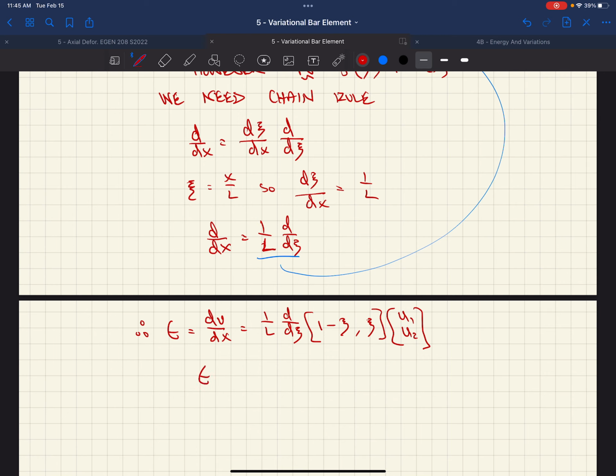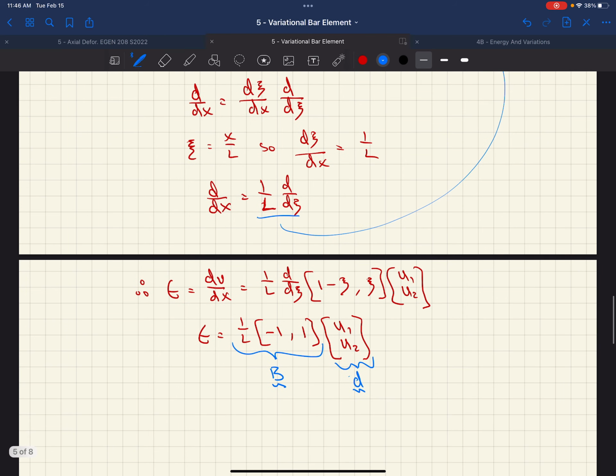So if we simplify this, we get the strain is 1 over L, negative 1, 1, because we're taking the derivative with respect to xi, so everything goes to 1. We get negative 1, and we get 1 times u1, u2, and it's this expression right here, this part of it, that we're going to call our B matrix. And this is our D matrix.